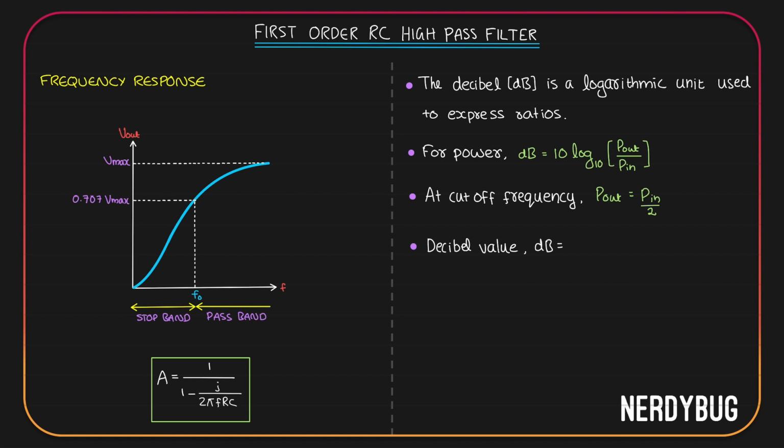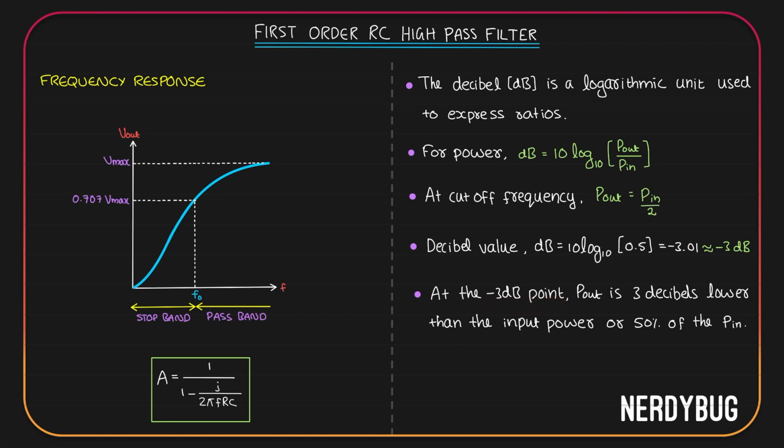If we substitute that, we get the decibel value to be 10 log to the base 10 of P out by P in, which is 1 by 2 or 0.5. If we calculate this, we get minus 3.01. We could say this is approximately equal to minus 3 decibels.